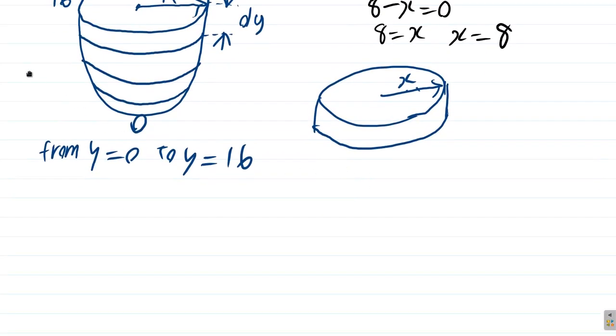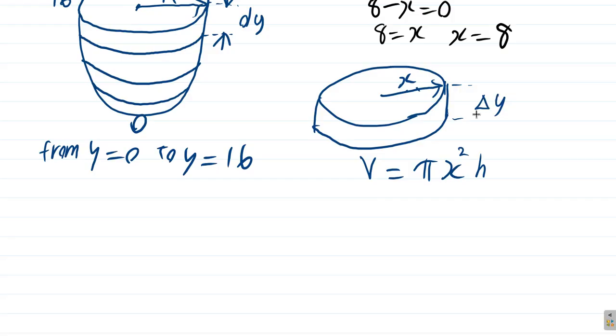The volume of each of these cylinders would be pi r squared h, but we know r is the same as x, so it's pi x squared, and the height is a change in y.